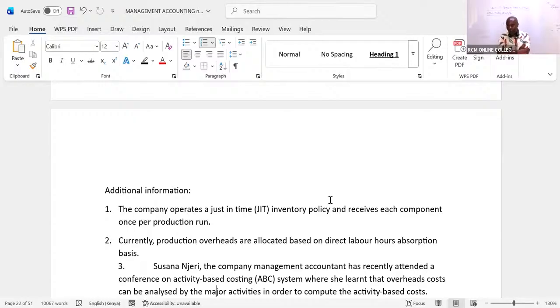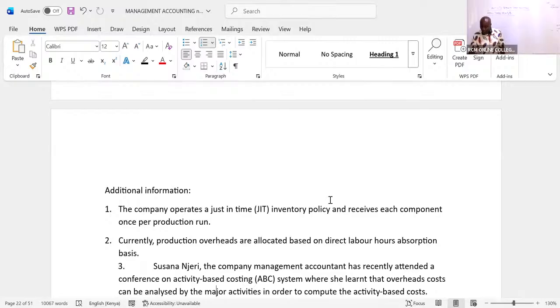So we basically order raw materials for immediate usage. We don't have stores under JIT. If it's a hotel, we want to use some kale, sukuma wiki, so we shall not be having a store of sukuma wiki. We simply bring these sukuma wikis as they are requested by our customers. We cook them immediately. So there is nothing like storage.